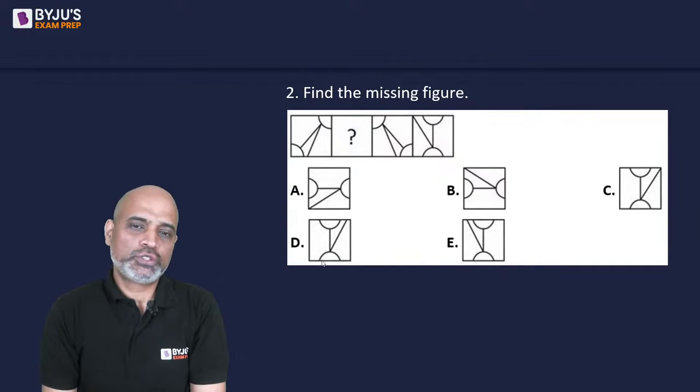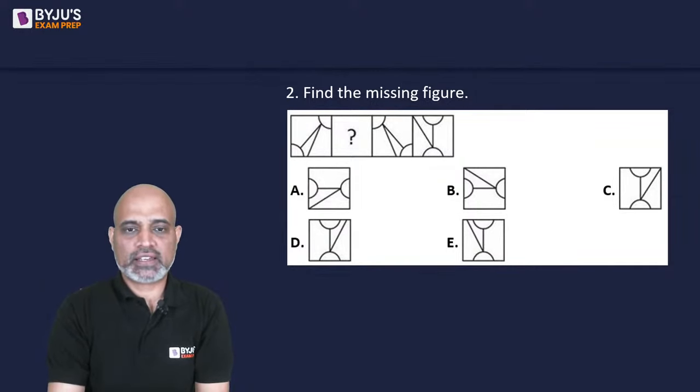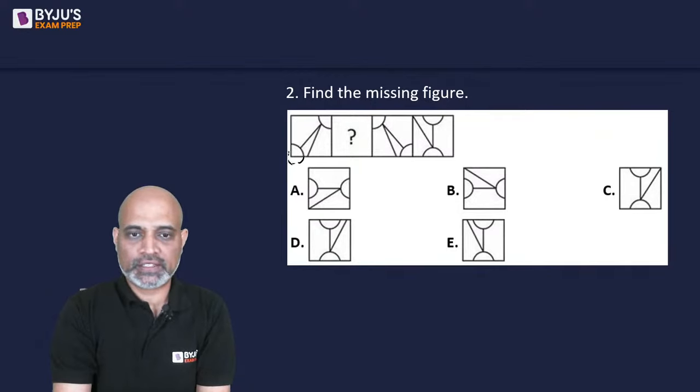So what should have happened such that the figure goes from there to there? क्या हुआ होगा, क्या पैटर्न रहा होगा? So if we happen to consider this figure, if we complete this and if we follow this, this looks like a dumbbell, right? एक सर्किल इधर, एक सर्किल इधर, और ये डंबल है.